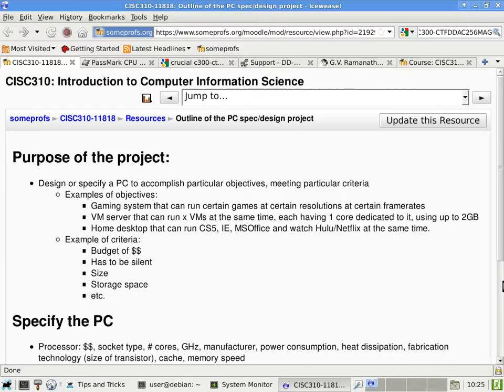What about designing a server? Where would you learn how to do that? It depends on how robust you want a server to be. A server can be a box just like this, which is the Moodle server, or it can be a server rack that the district uses for D2L.